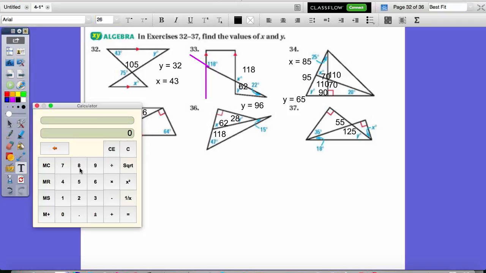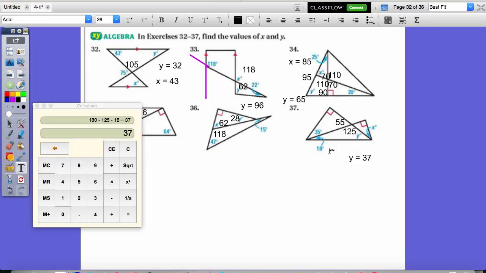So 125, 18, and Y have to add up to 180. So 180 minus 125 minus 18 equals, Y equals 37. Okay?